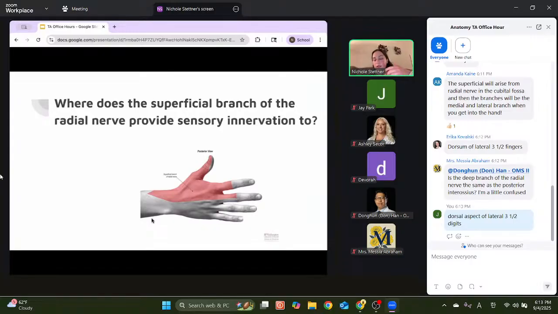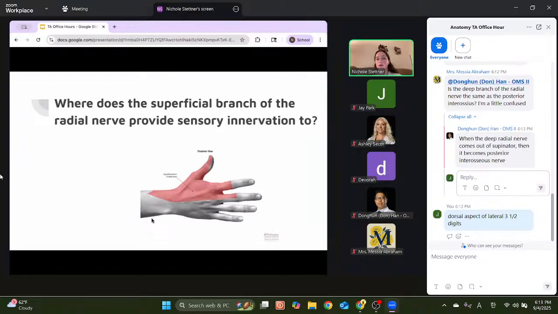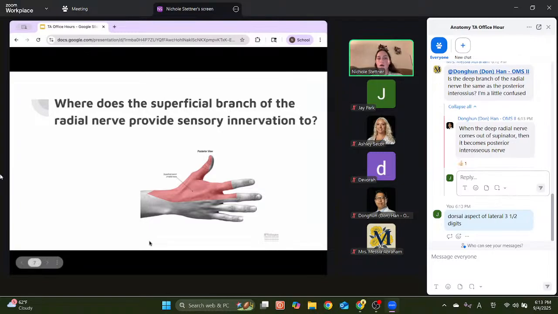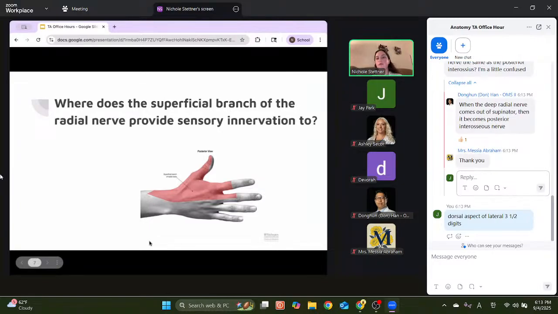The tips of the fingers will be by the branches of the median nerve. That is really important to note, because if a patient comes in and says they have something on the back of the hand, you would think it has to be the radial nerve or the ulnar nerve, depending on what finger it is. But since it's the tip, that is not the radial nerve, and it'll be the median nerve, which we'll get into more later.